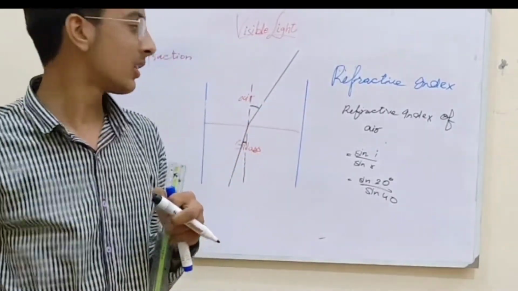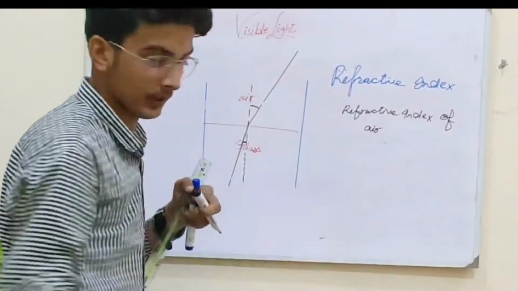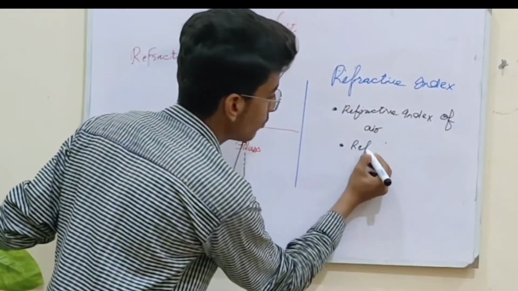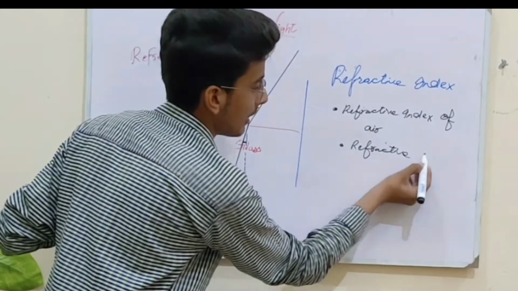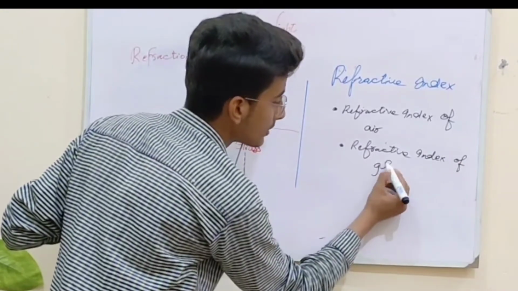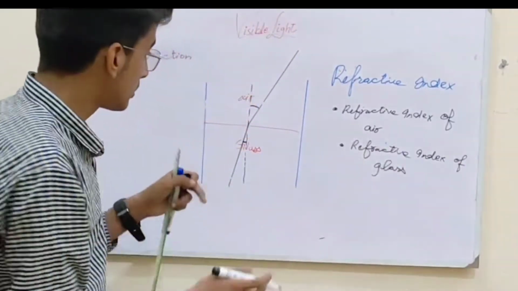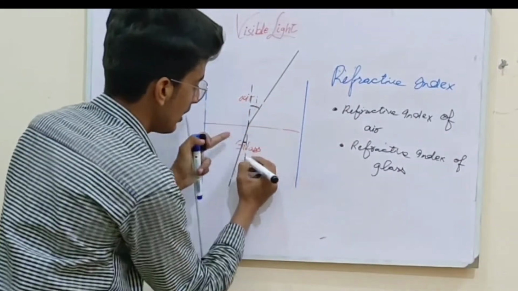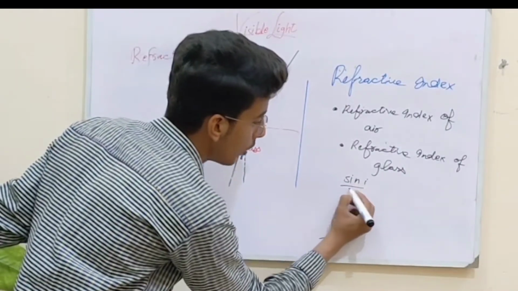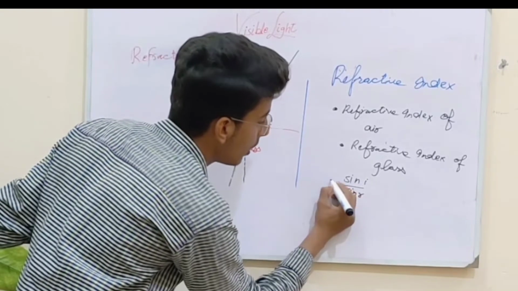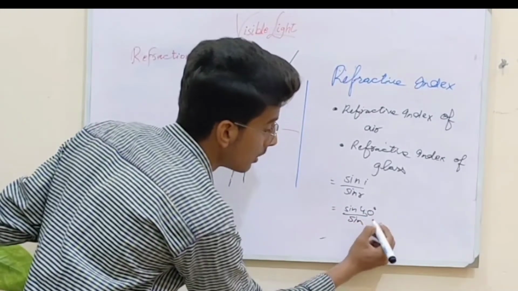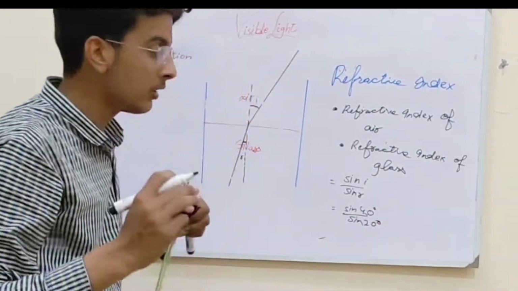To find the refractive index of glass, you use this angle as I and this one as R. So now sine I over sine R would be equal to sine 40 degrees over sine 20 degrees.